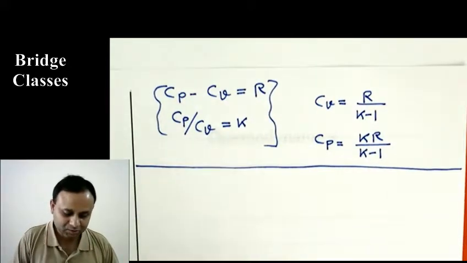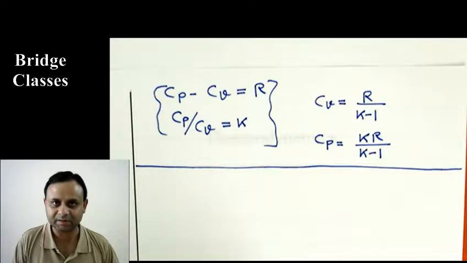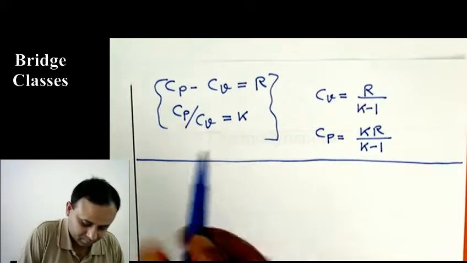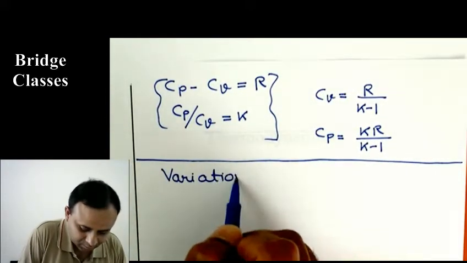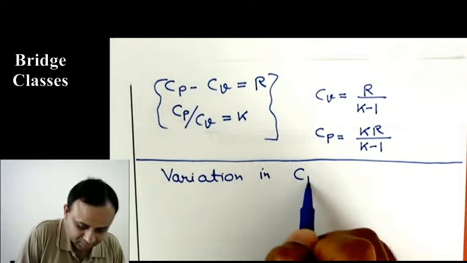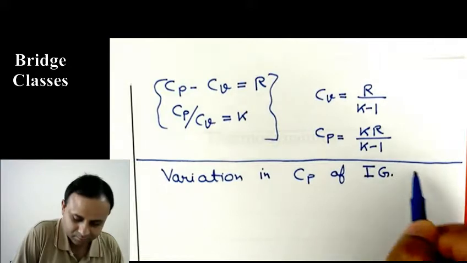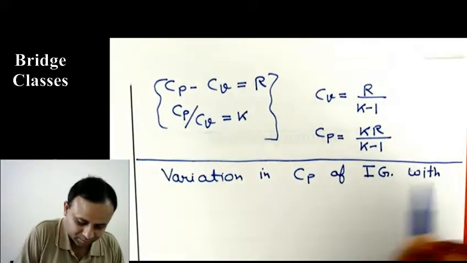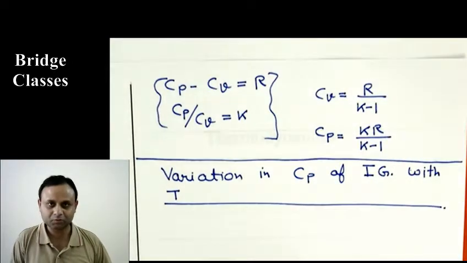Let us also see how these specific heats Cp and Cv vary with temperature for an ideal gas. Variation in Cp of ideal gases with temperature. I'm going to show you one plot.